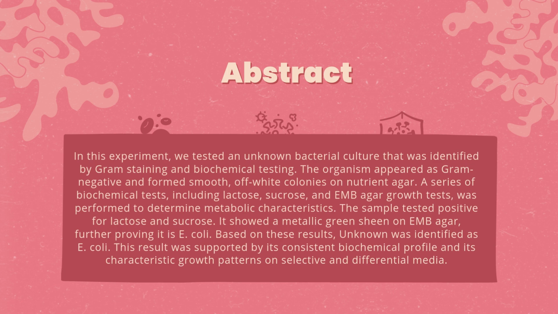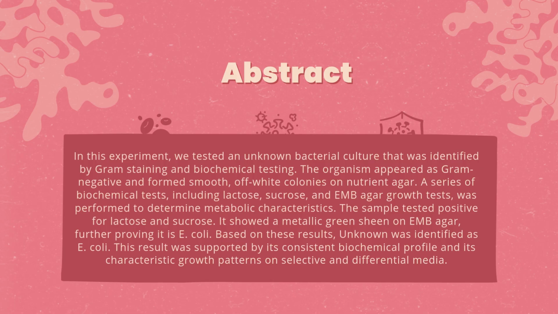Abstract. In this experiment, we tested an unknown bacteria culture that was identified by gram staining and biochemical testing. The organism appeared as gram negative and formed smooth off-white colonies on nutrient agar. A series of biochemical tests, including lactose, sucrose, and EMB agar growth tests, was performed to determine metabolic characteristics.